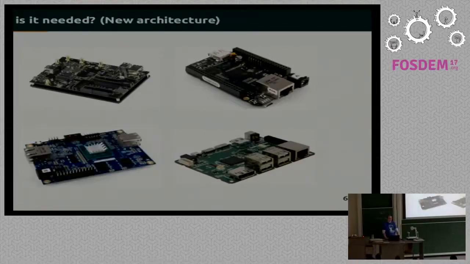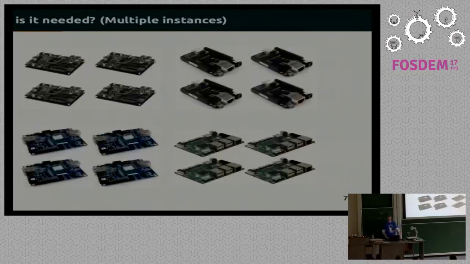Adding to that, even a new architecture like MinnowBoards, which run on an Intel-based chip, might complicate it even further, because all of these devices have to be flashed in a completely different way and support different communication ways between your test server and your actual device. What if you have to complicate things even more and have to manage a whole board farm, with multiple instances of each of your devices?